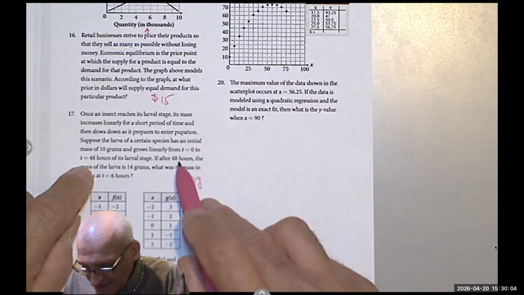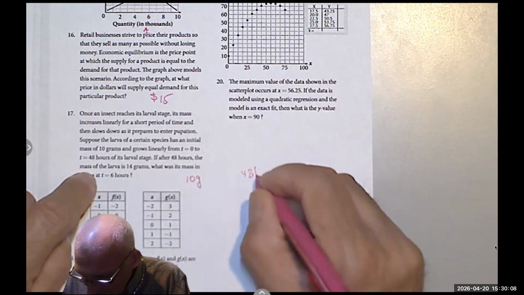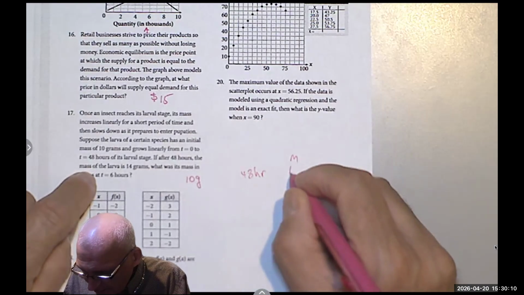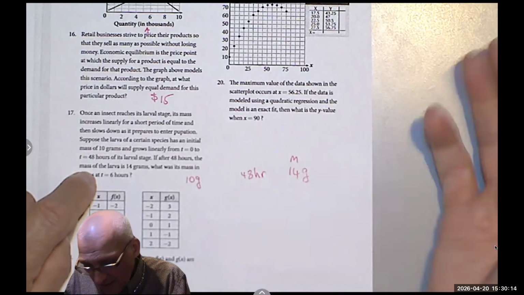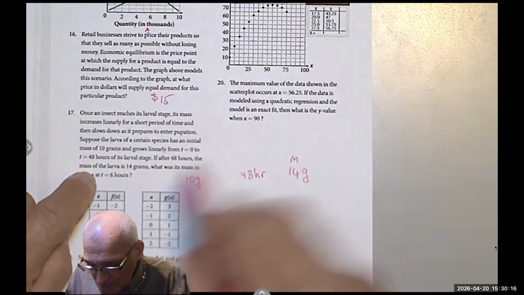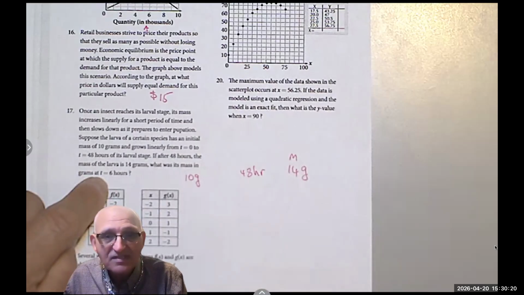If after 48 hours the mass became 14, meaning it increased 4 grams in 48 hours, right? What was its mass in grams at t equals 6?